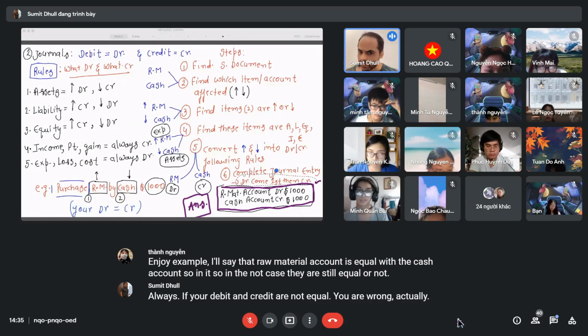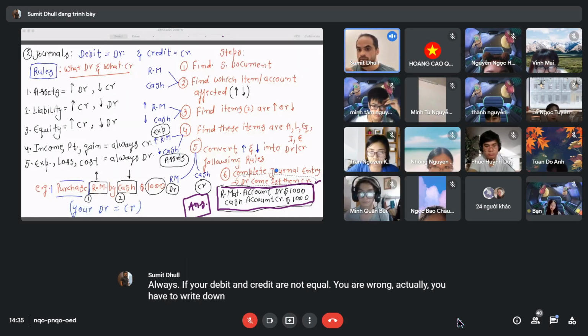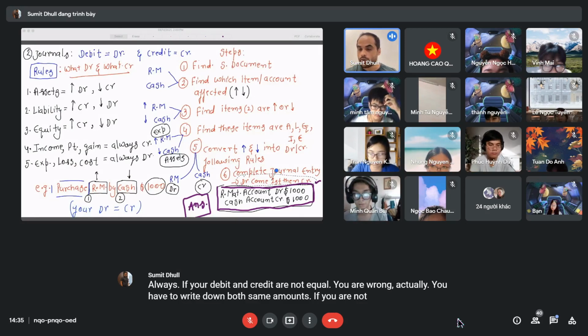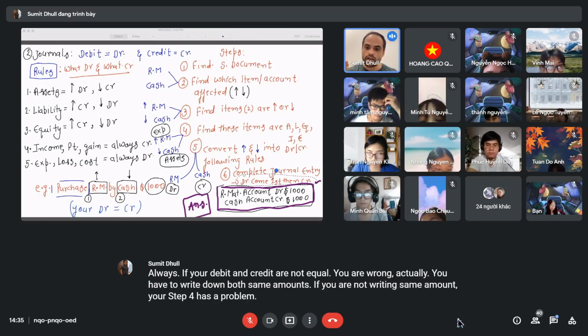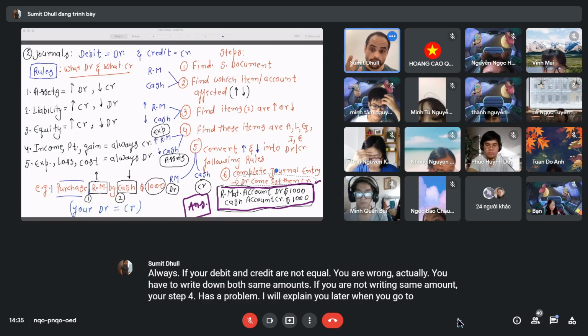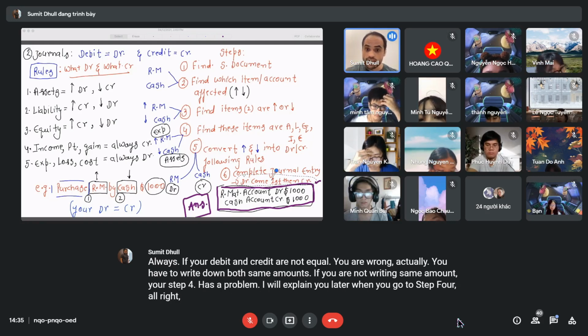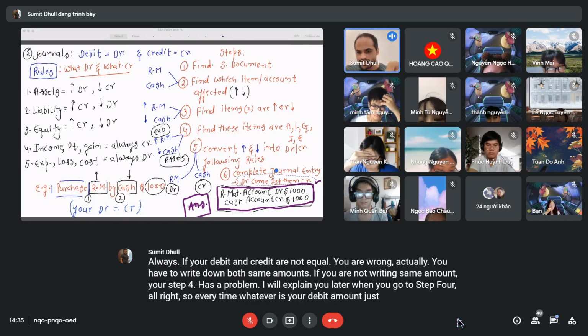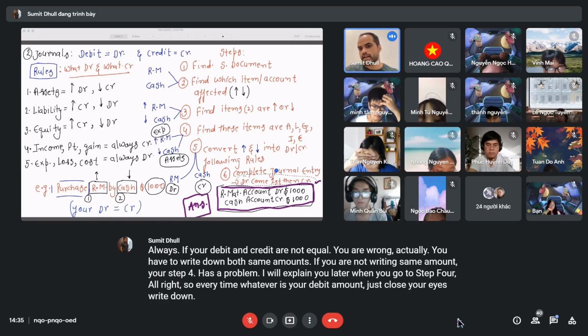You have to write down both the same amounts. If you are not writing the same amount, your step 4 has a problem. I will explain later when you go to step 4. So every time, whatever your debit amount is, just close your eyes and write down the same number as the credit amount. And that makes sense.